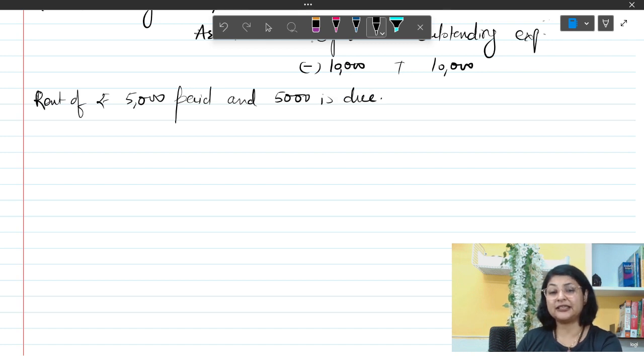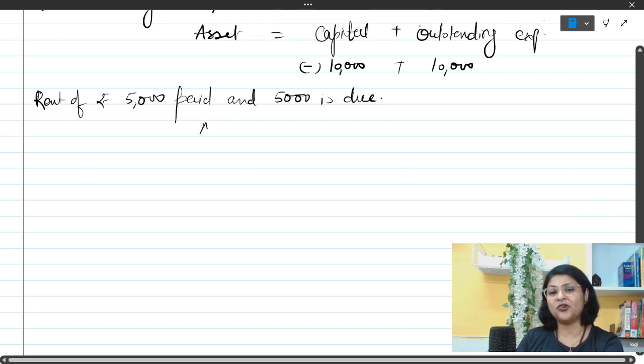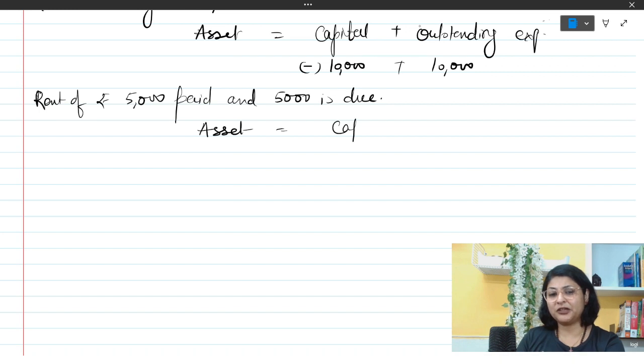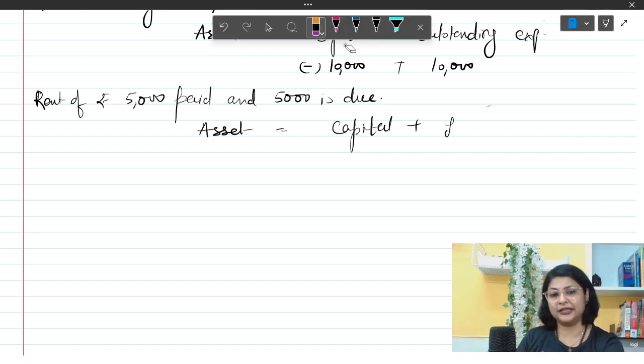Due means it is yet outstanding. So how are you going to deal with it? This time you have to be very careful. Asset will also be affected by this transaction, because here a part of the transaction is in cash and another part of the transaction is outstanding. So I am going to make my columns like this.